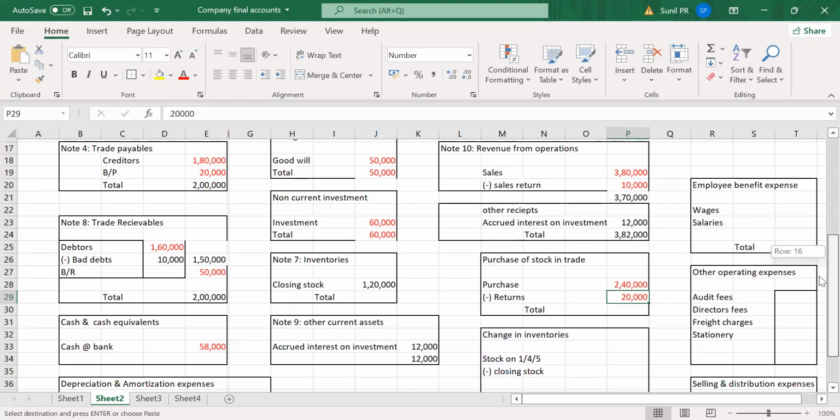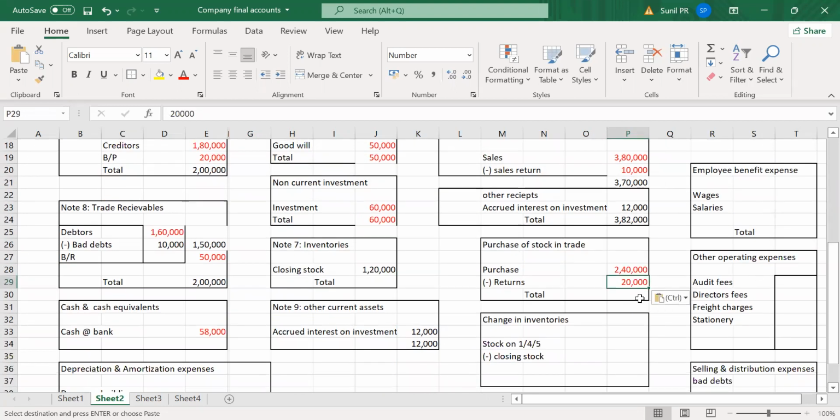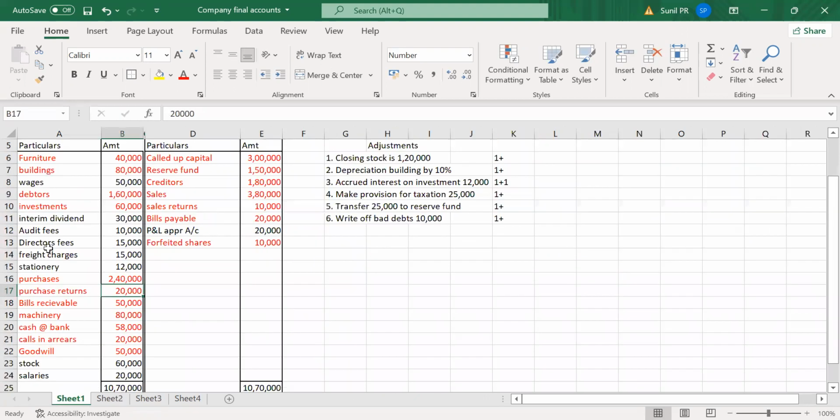Next one is change in inventories. I told, do you remember? Opening stock minus closing stock is called change in inventories. So first stock is there.